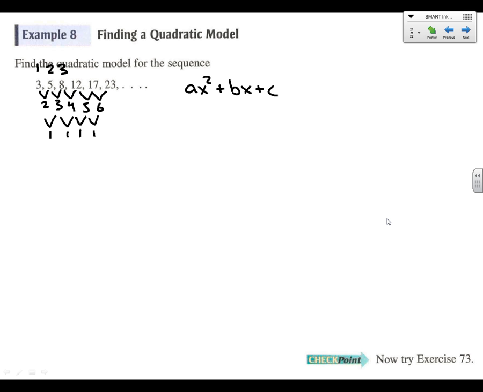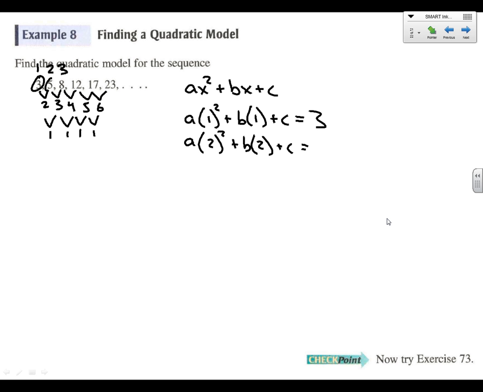So if x is 1, the answer turns out to be 3. If x is 2, the answer turns out to be 5. And if x is 3, the answer turns out to be 8.